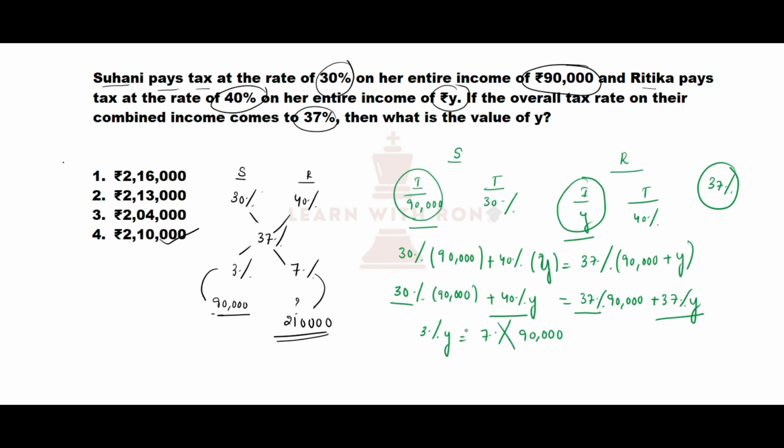So percentage gets cancelled. Again see here, 3 3s and 4 zeros, 1, 2, 3, 4. So again 7 multiplied with 3000 means, which is 21, 1, 2, 3, 4, which is 2,10,000, which is option number 4 here. Let's see next question.